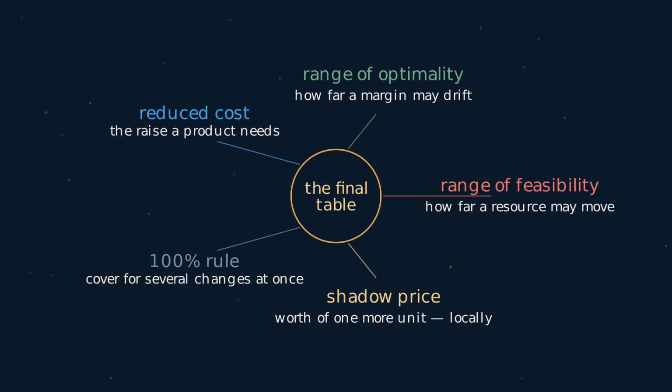A shadow price, telling you what one more unit is worth, and the range telling you when to stop believing it. And the 100% rule, covering you when several numbers move together. Not one of those required running the method again. The answer was never the whole price. The table around it was.